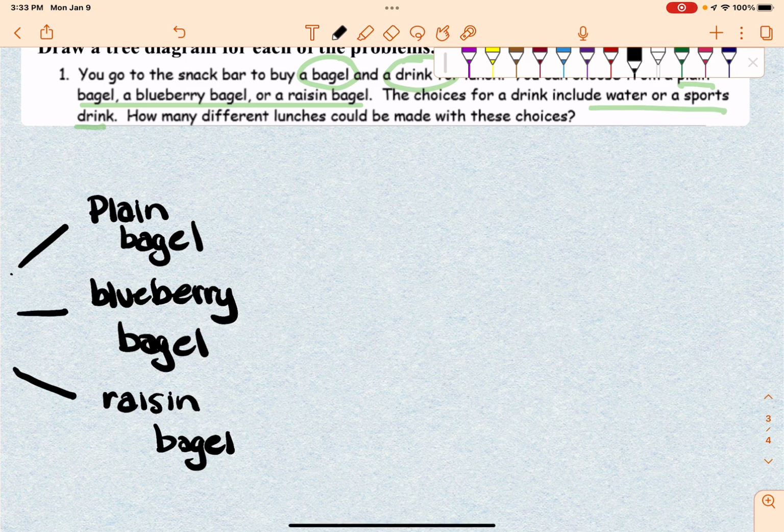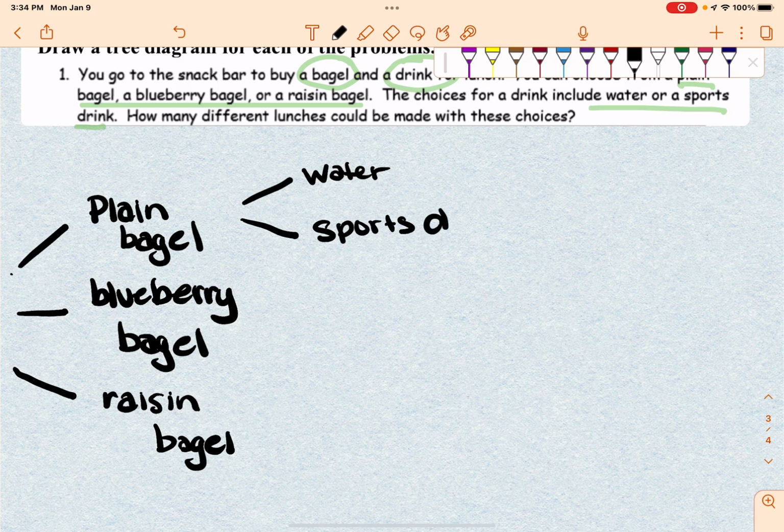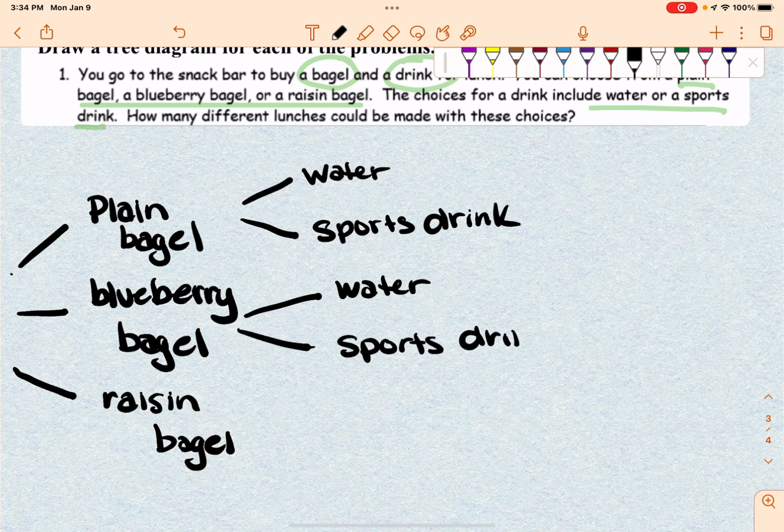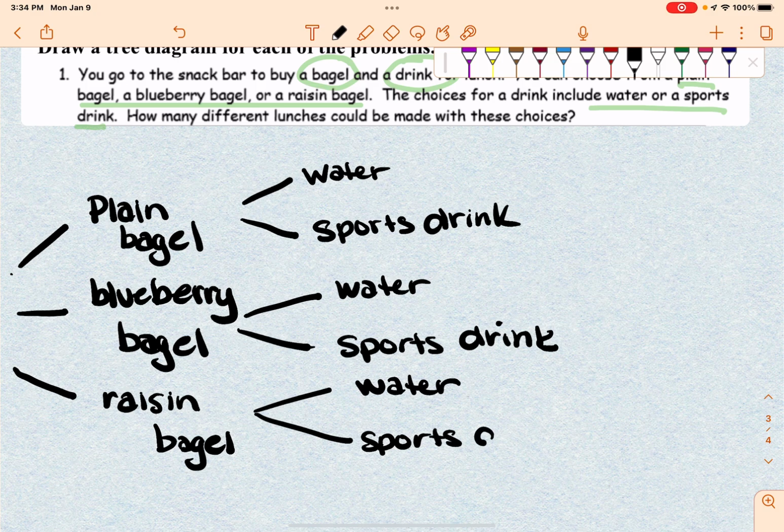And then for the drinks, you either have a water or a sports drink. And that's true for each one of these. So water or a sports drink. And one more time, water and a sports drink.